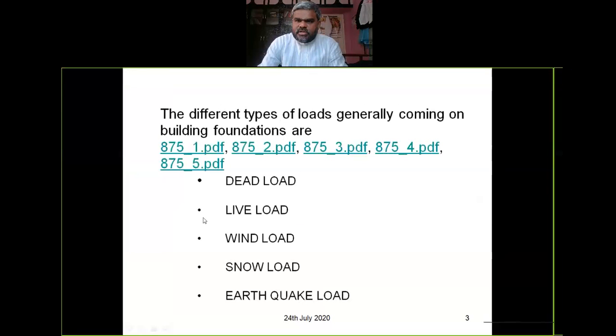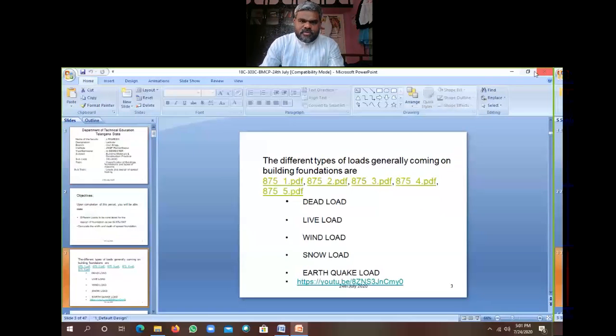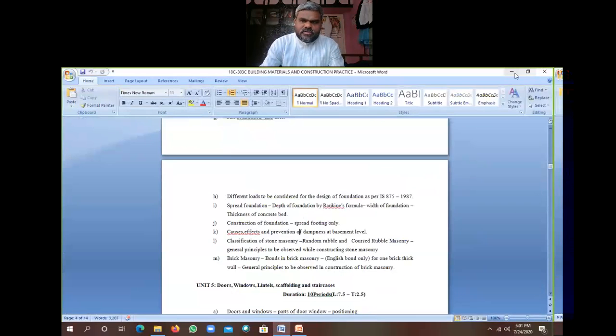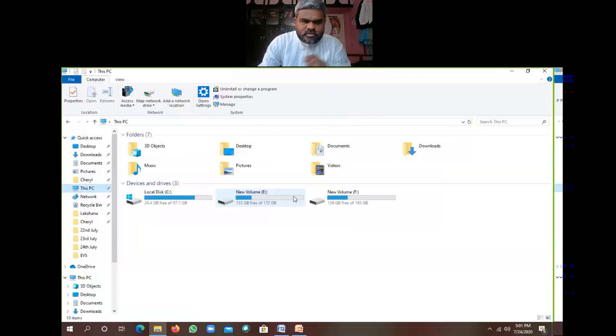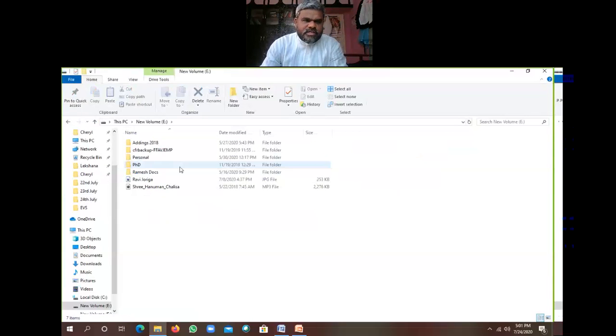So let us see the code that is IS 1893 also, if possible. So I'll show my screen. You can see my screen also. I can show the IS 1893 also if possible.